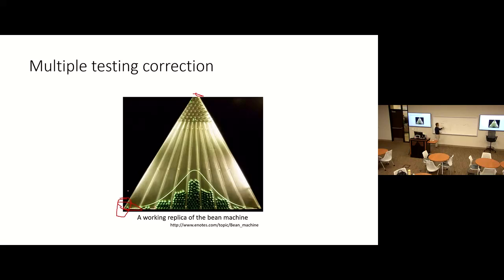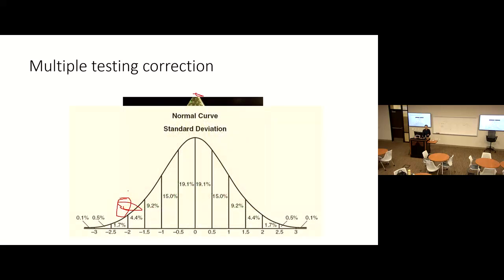If you drop it only one time and it comes to the end, one side of the distribution, that will be a significant event. Otherwise, if you repeat, it's not very significant. So people use multiple testing corrections.